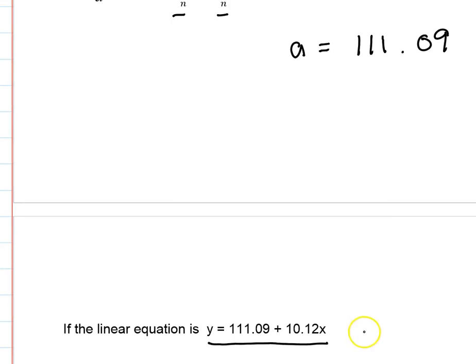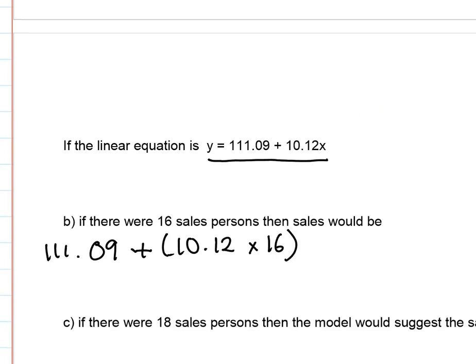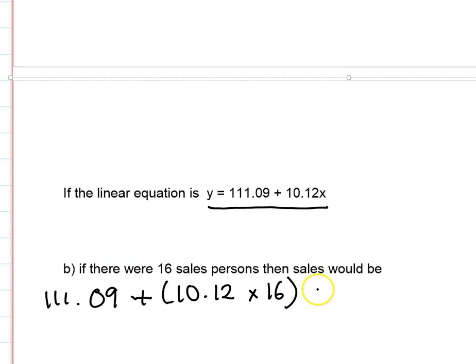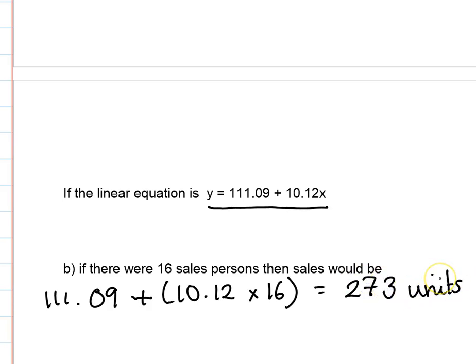And there we get the answer. 273 units. Please note this would be a whole number. You wouldn't put 273.01 units. We would round it appropriately. And so I would in this case certainly round it down, because we want to be cautious about the number of sales that we're going to predict.